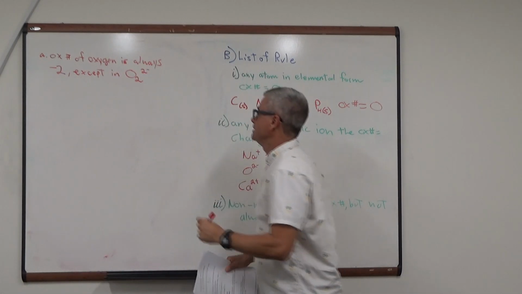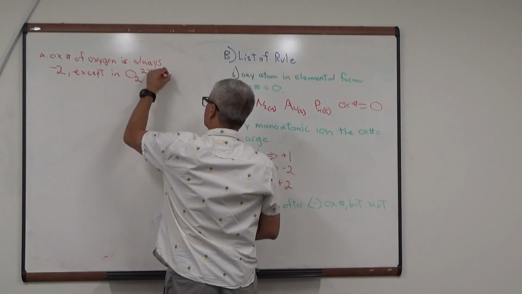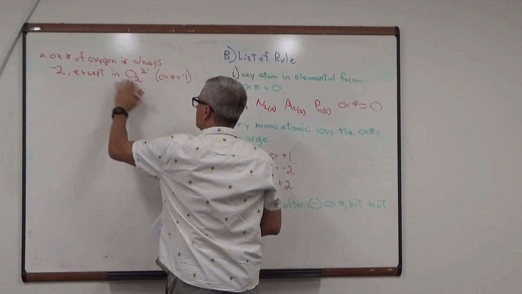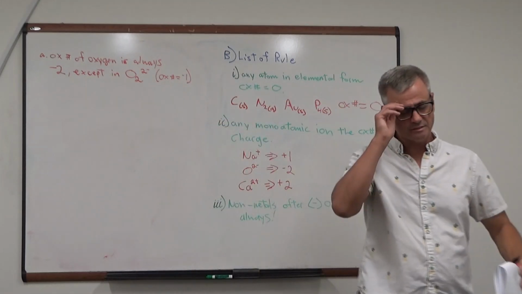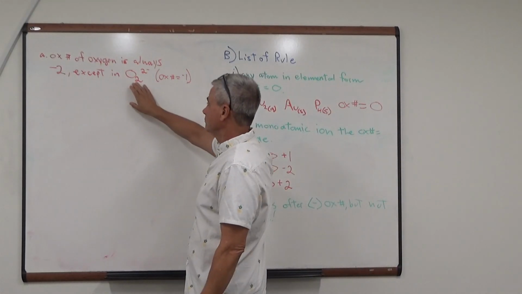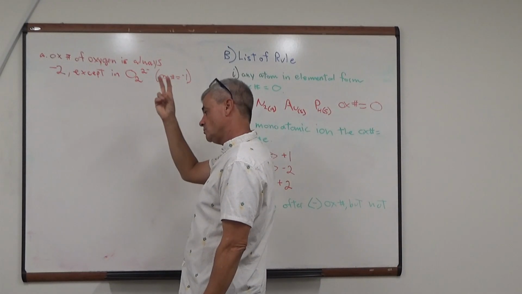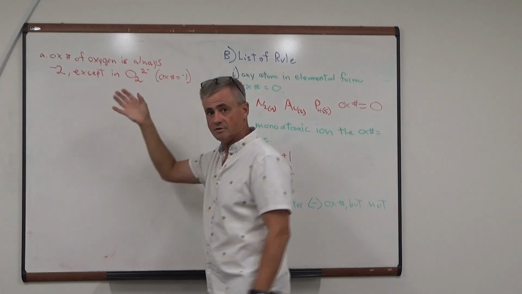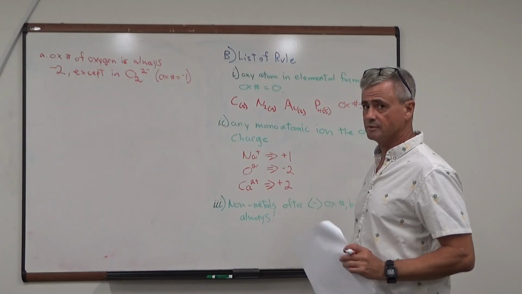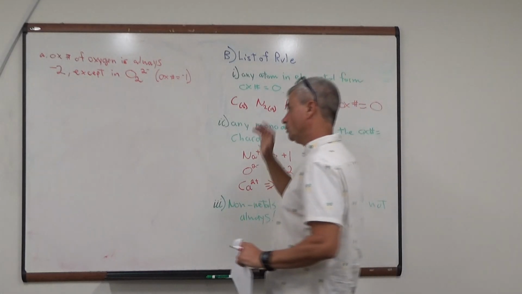In peroxides, the oxidation number is -1. In any polyatomic ion, the oxidation state numbers have to add up to the overall charge. So in peroxide, the overall charge is -2, but there are 2 oxygens, so each one has to have an oxidation state of -1. Again, for our purposes, it's really just going to be hydrogen peroxide that we have to worry about.